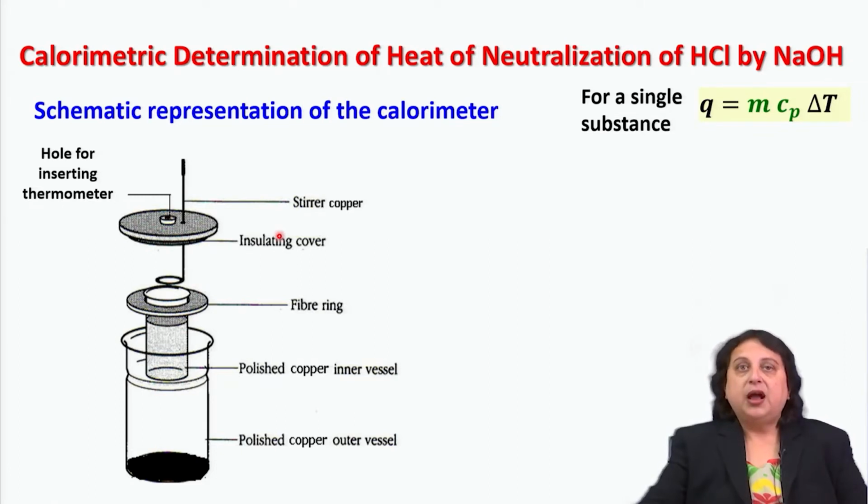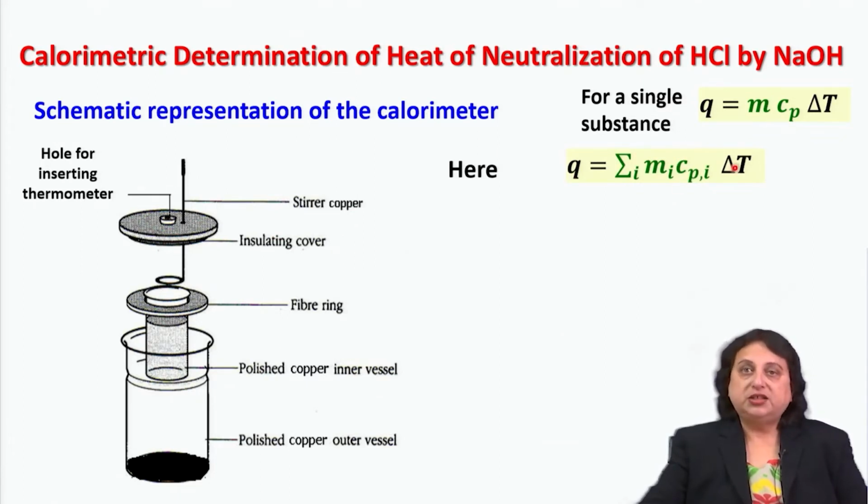And therefore, I understand that in order to find out Q, I must note down not only the change in temperature as a result of the chemical reaction releasing heat, but I should also take into account the combined contribution of all the components which are present in the calorimeter setup that I have shown here.